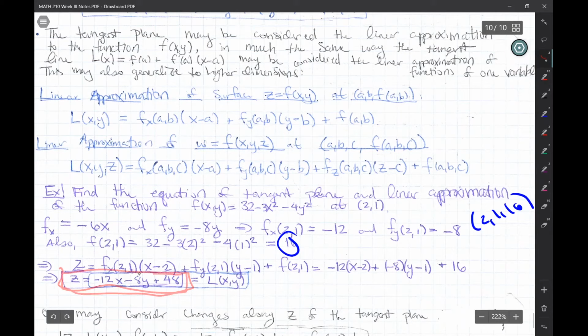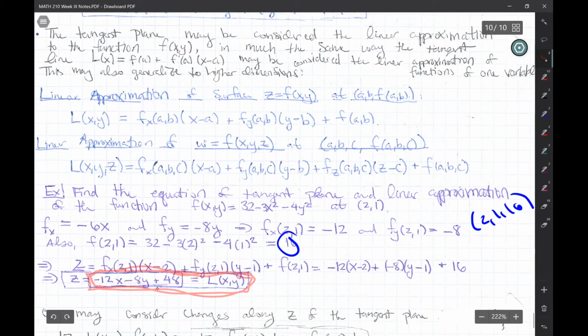This is the tangent plane, so if one is asked for the tangent plane, it's the boxed in term that you see over there. Now, what if one is asked for the linear approximation? Well, linear approximation is the same thing, except that you just use L(x, y) instead of z.